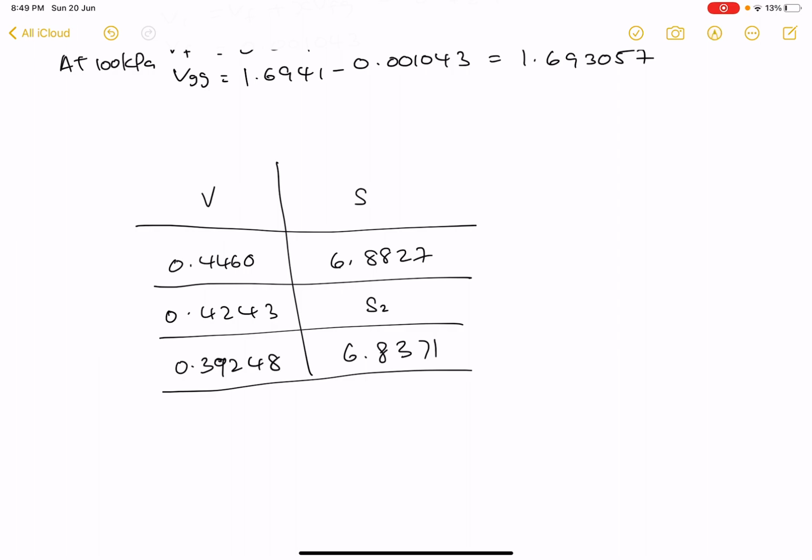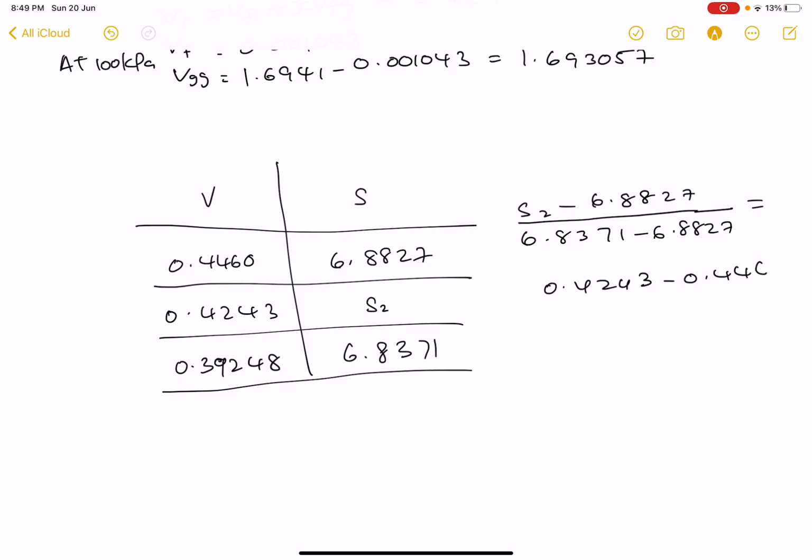Do the interpolation. S2 minus 6.8827 divided by 6.8371 minus 6.8827 equals 0.4243 minus 0.4460 divided by 0.39248 minus 0.4460.